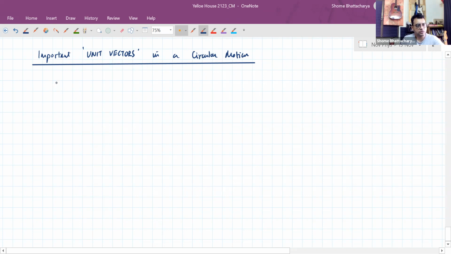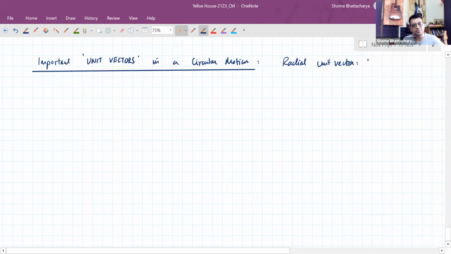So one is the radial unit vector. We generally denote it with the symbol r cap. But in certain textbooks, you will also see they use the symbol ER. And the second unit vector, which is important, is the tangential unit vector.